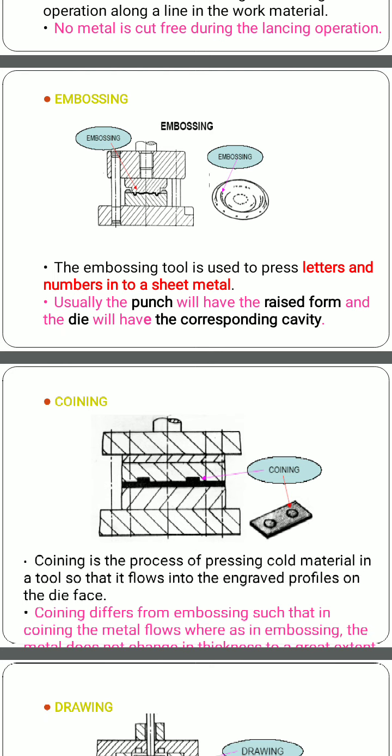Here the punch will have the raised form and the die will have the corresponding cavities. So this is the embossing operation. You can see in the figure the punch has the raised impressions of the letters, whereas the die has the pockets or cavities of the same impressions.